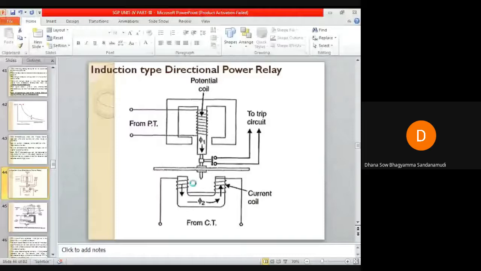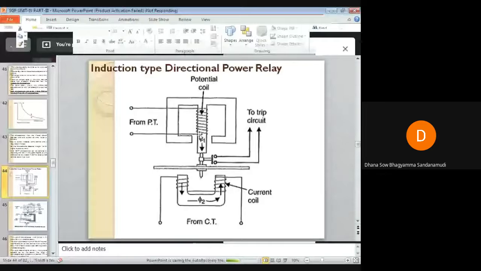The upper E-shaped electromagnet central limb is wound with a coil known as the potential coil, and it is connected to a potential transformer. The secondary of the potential transformer is given to this potential coil, and the lower U-shaped electromagnet is wound with a coil known as the current coil, and this current coil is connected to the secondary of the CT.